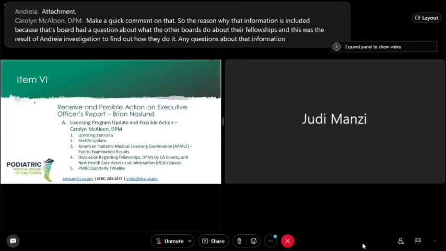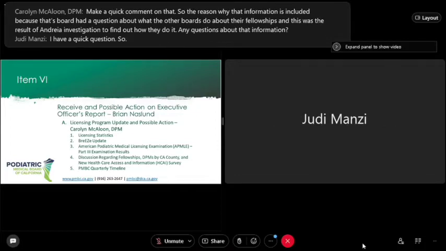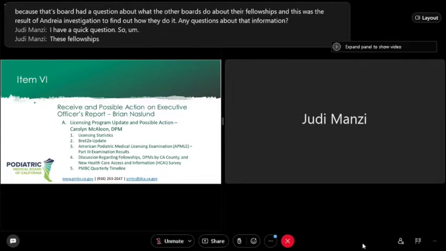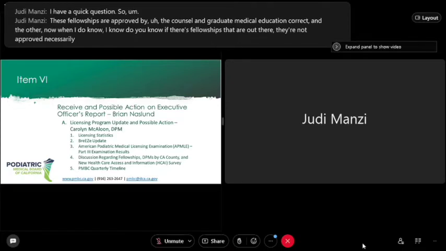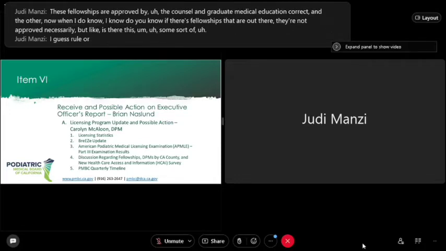I have a quick question. So are these fellowships approved by the Council on Graduate Medical Education, correct? Yes. Do you know if there are fellowships out there that are not approved necessarily, but is there some sort of rule, quota, or guideline of what makes a fellowship?